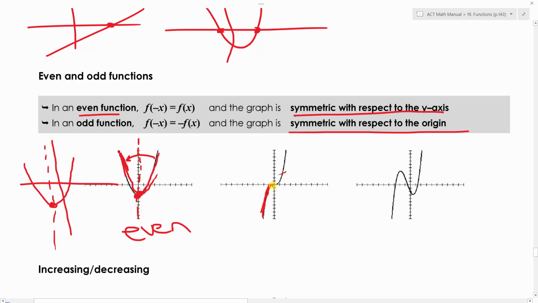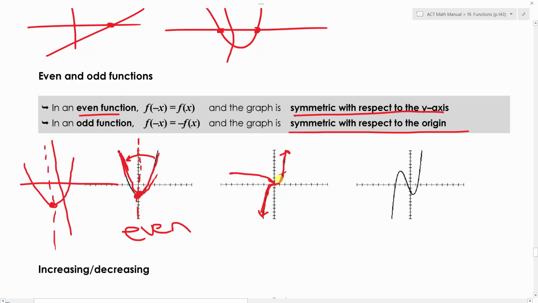If I rotate it 90 degrees, it would end up there, and if I rotate it 180 degrees, it would end up here. So this graph indeed is symmetric with respect to the origin. I can rotate this graph 180 degrees about the origin, and I will get the same graph, or the two halves of the graph will match up to each other.